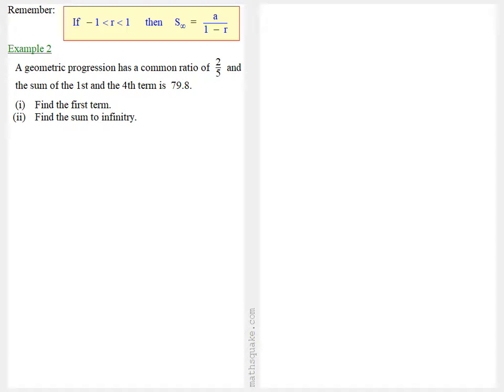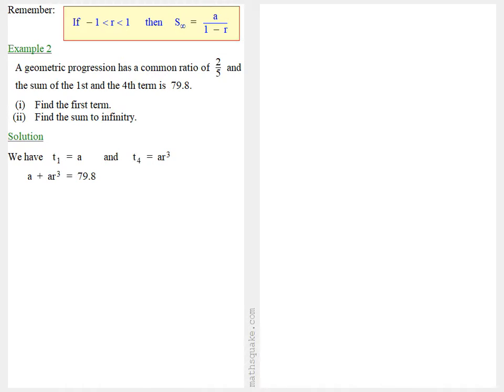Let's look at another example, example 2. A geometric progression has a common ratio of 2/5, and the sum of the first and fourth terms is 79.8. Find the first term and find the sum to infinity. Well, to solve this, we've got T1, the first term, is equal to a, and T4, the fourth term, is equal to ar cubed.